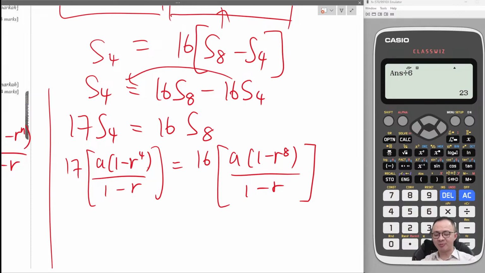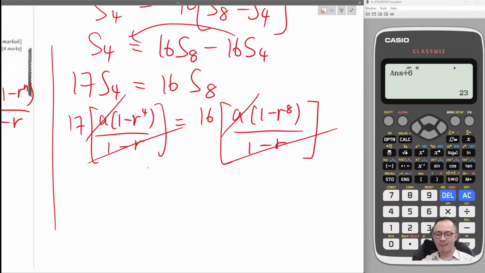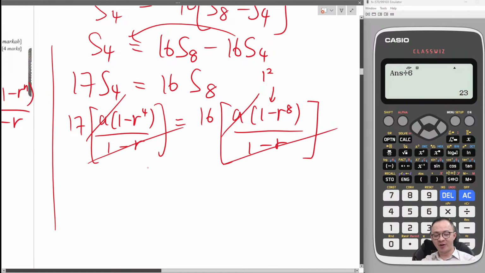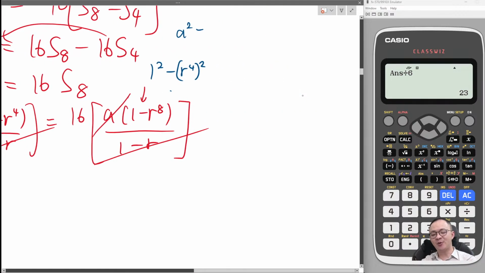Okay, both sides multiply, the 1 minus r is gone. Both sides divide, a is gone. This one I will say is 1 squared, for this one I use a different color, 1 squared minus r to the 4 squared. Then eventually it becomes a squared minus b squared, right? Then I can get a plus b, a minus b.